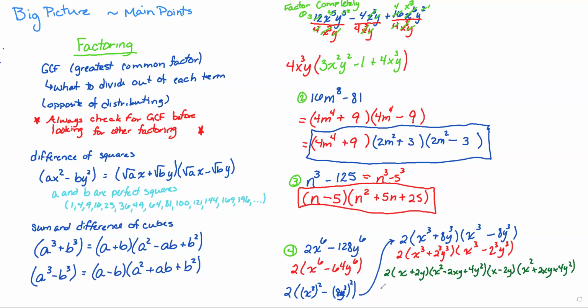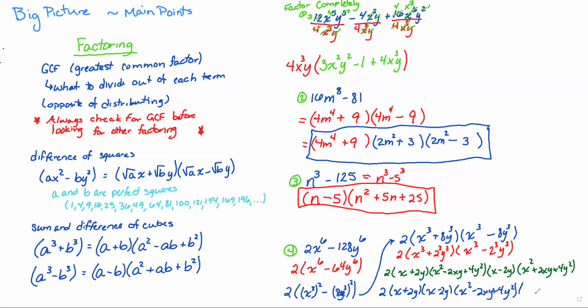I could say that my answer is 2x plus 2y, x minus 2y for worst case scenario, and then I have x squared minus 2xy plus 4y squared.